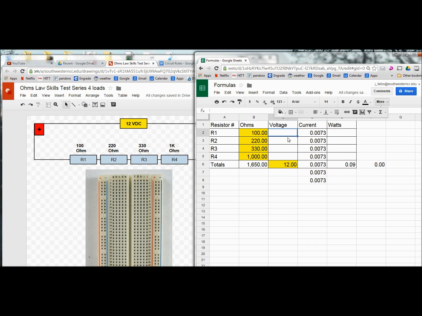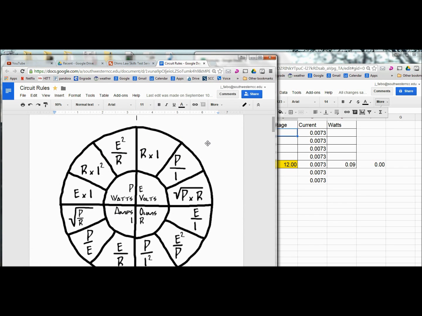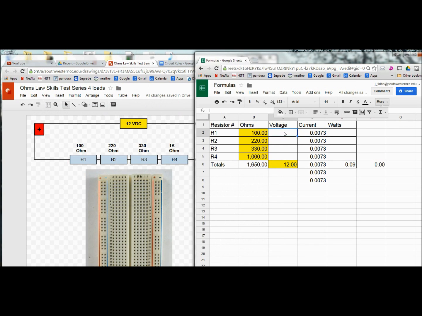Now to solve for voltage, I'm going to use I times R. That is in our circuit rules here. I want to solve for voltage, I times R. Okay, so I'm going to tell this cell I want you to equal I times R. I want to create the same formula for each row, so I'm going to get the little X, left click and drag, and it'll perform that same formula for each row.